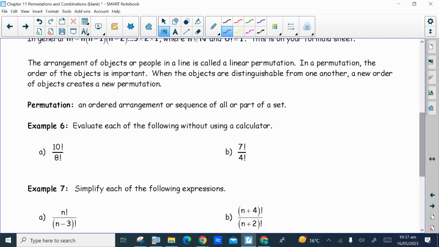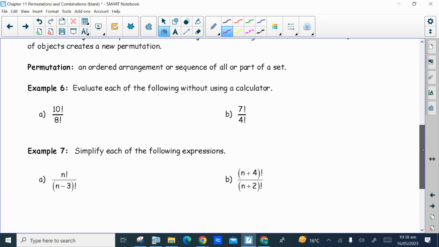The order these students are selected matters. They hold different positions. That would be different than if you have a grad committee of 3 and they all do the same job. They're all working together on this committee. Now, in that case, order doesn't matter, right? That's a combination. But if order matters, that is a permutation.